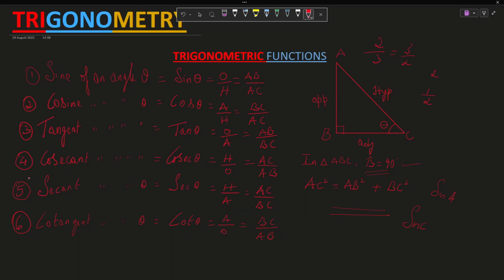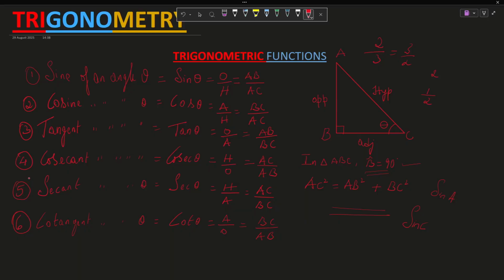Sine separately never has a meaning, and even tan separately doesn't have a meaning. It has to be referred with that particular angle, an acute angle. Theta is always going to be an acute angle here. So sine A or cos A or tan A or cosec A, sec A, cot A. All of these have meaning along with the reference of an angle.